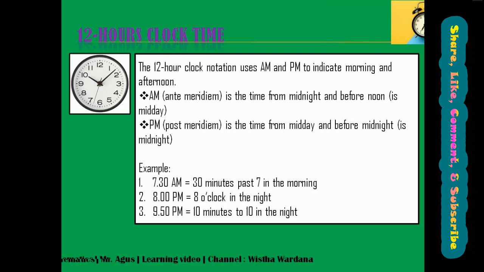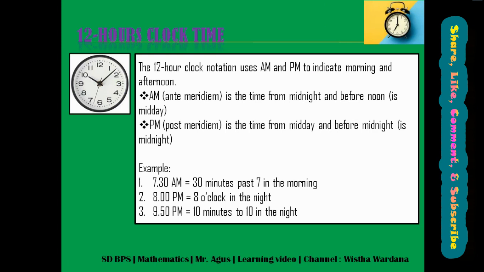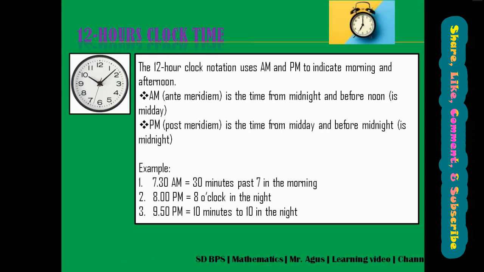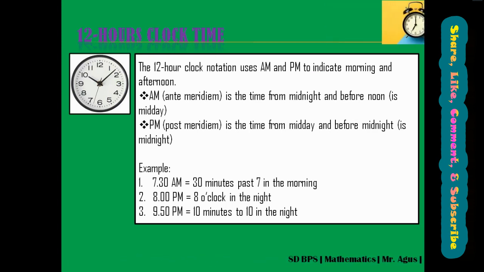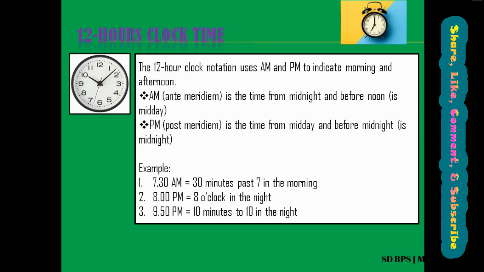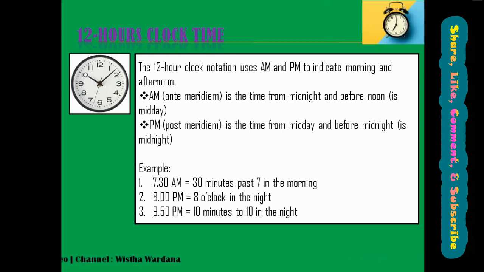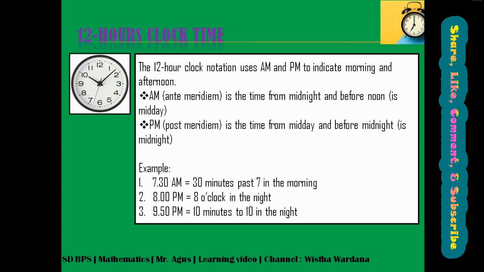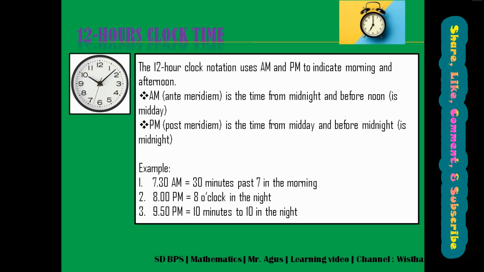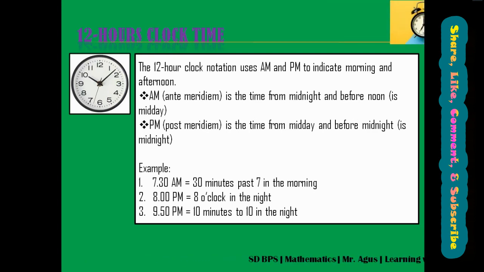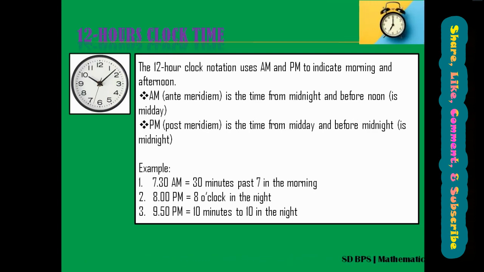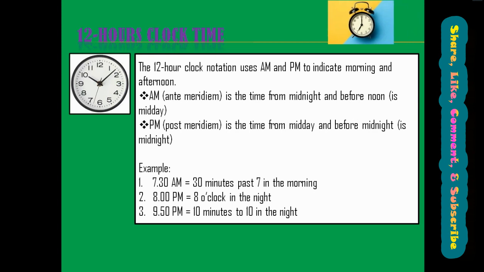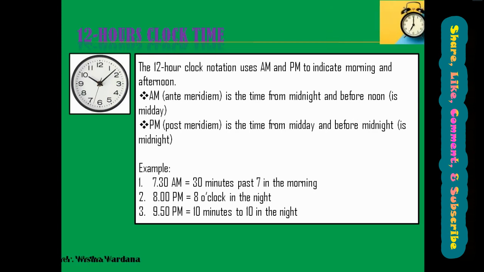AM means ante meridiem. It is the time from midnight and before noon or midday. So, AM starts from 1 o'clock in the night until 12 o'clock in the afternoon. And then PM.